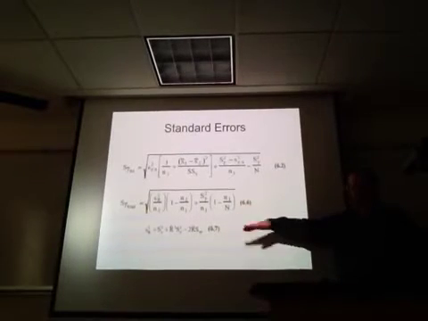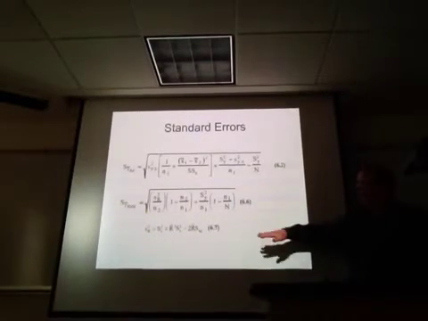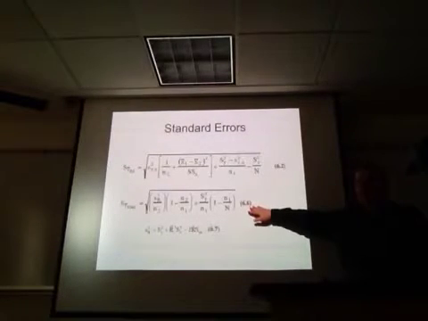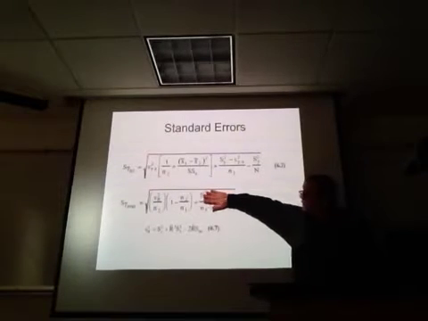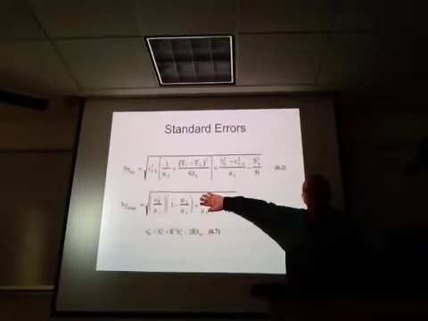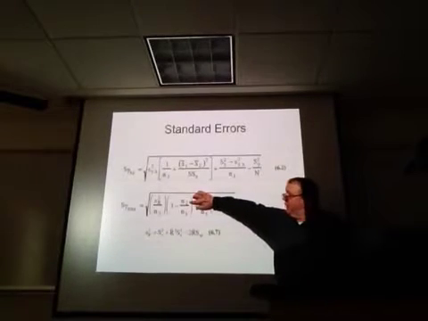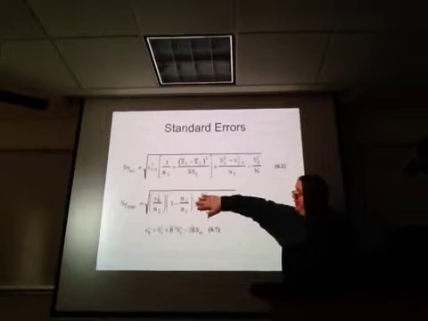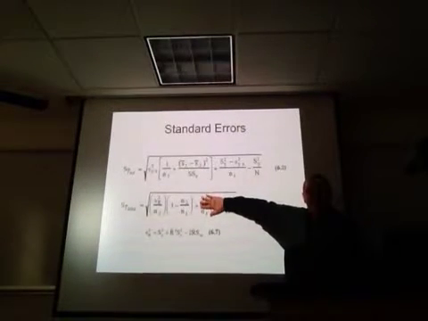If you compare this, and I didn't put the formula up, but if you compare this to the standard error formula for ratio of means estimation, basically it's just that. Of course, there was no N2 and N1. There was a small n and a capital N. But that was the formula, basically.